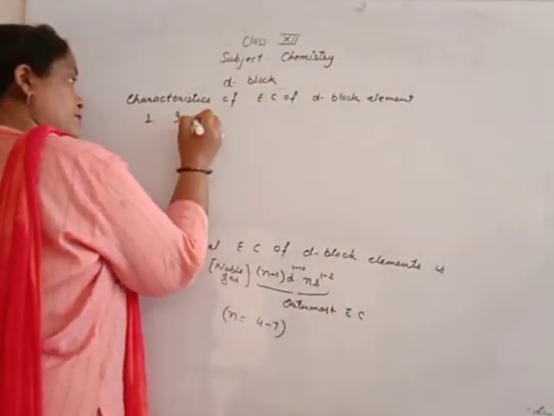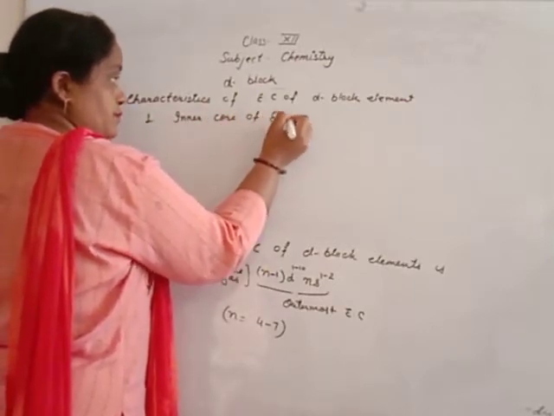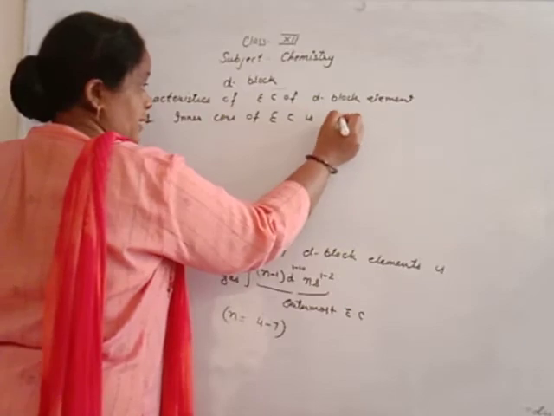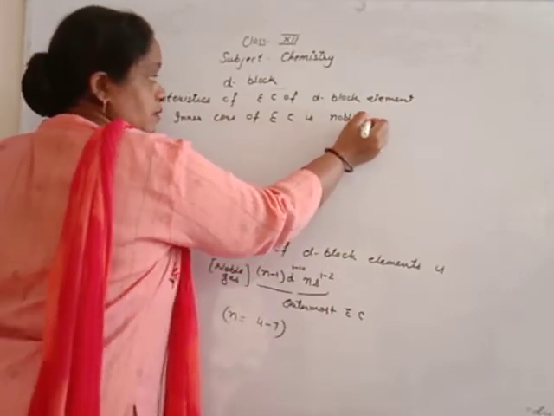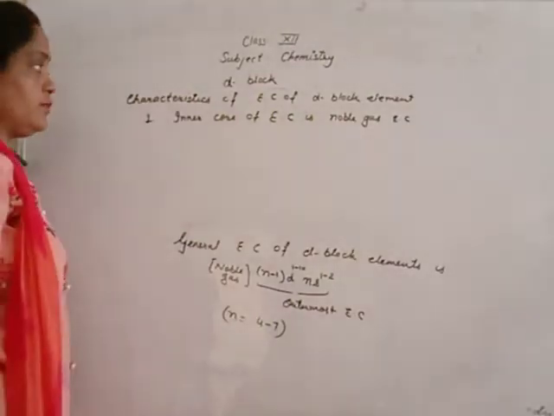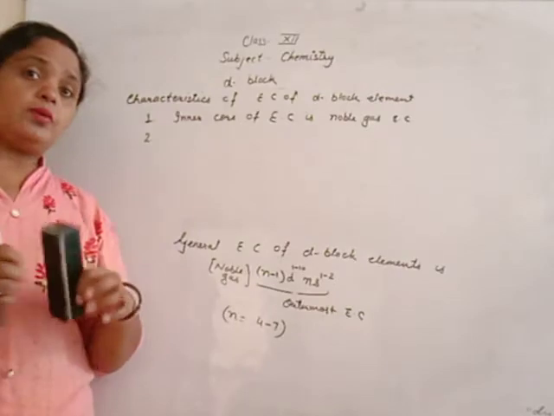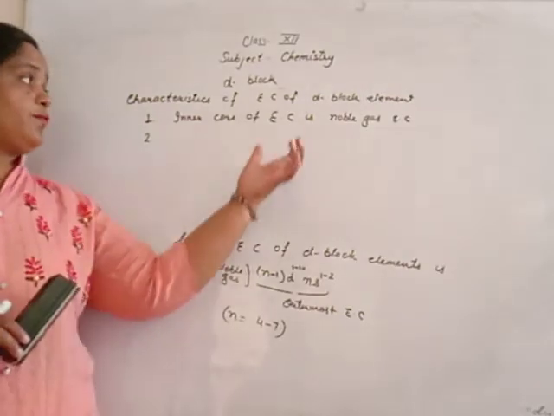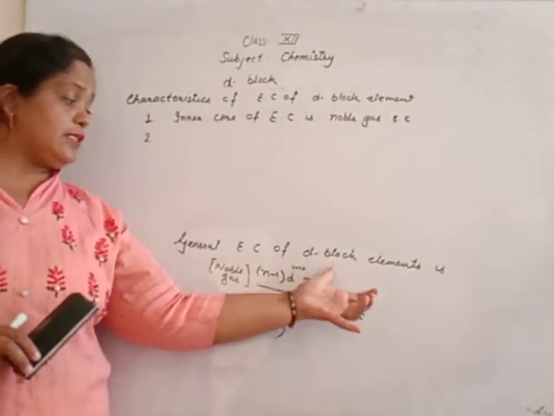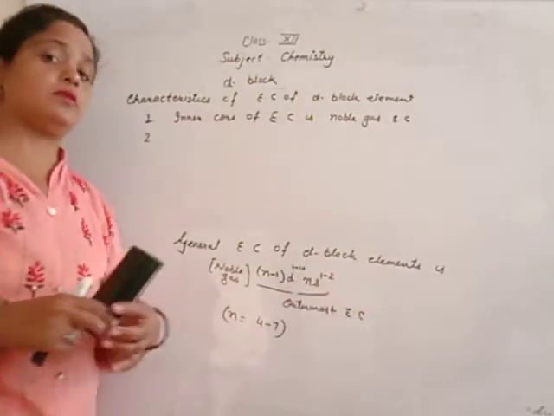The inner core of the electronic configuration is the noble gas electronic configuration or stable electronic configuration. Second one, the outermost shell of d block elements consists of 1 or 2 electrons.